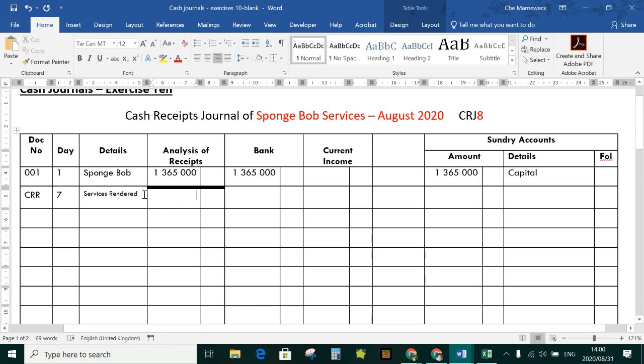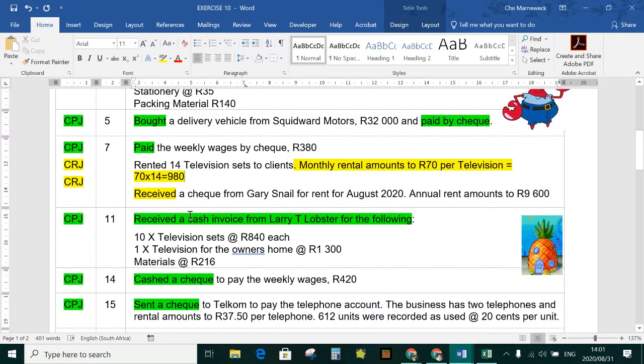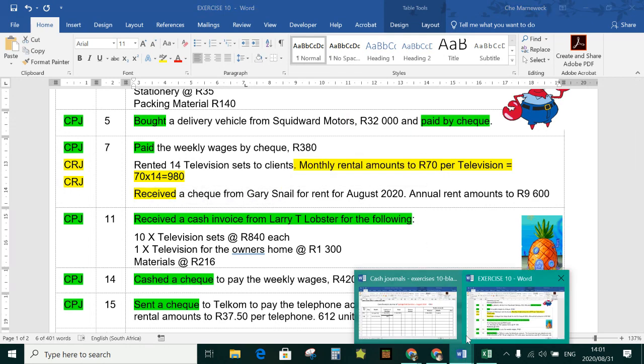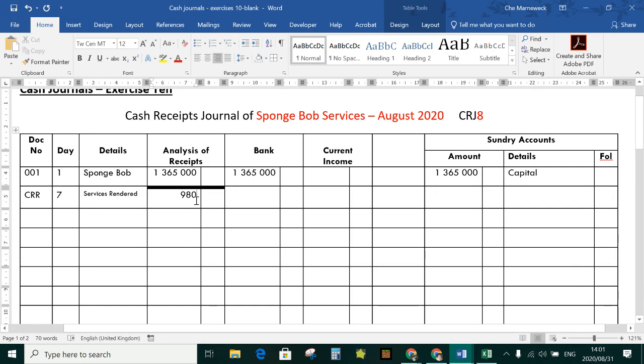How much money is it for? It was 980. So we're going to record 980 in analysis of receipts. Do we receive more money on day 7? Yes, we do. If we look, we can see we receive a check from Gary Snell. So we don't deposit the money into our bank account yet. What is it for? What do we call it when we provide a service? Current income. So 980 current income.